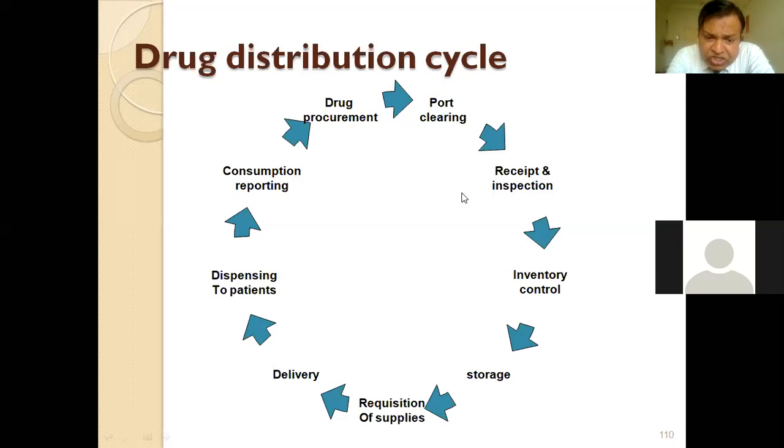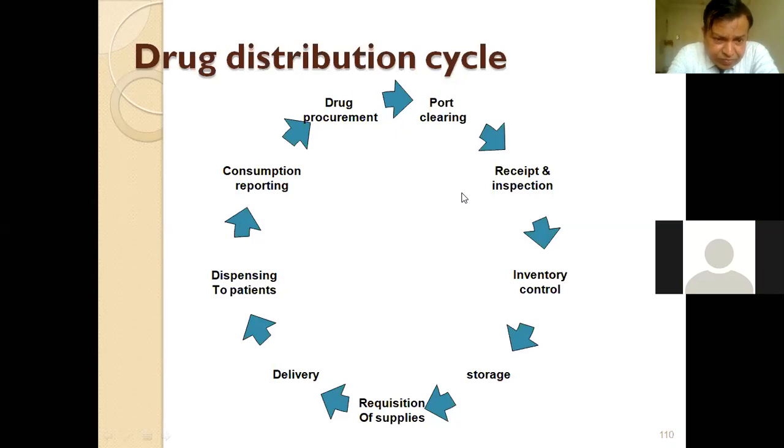then recognition of supplies, which department is asking for the medicine, whether nursing staff, pharmacy staff, hospital pharmacy, floor pharmacy, and delivery of the supplies to the particular department or particular pharmacy, and dispensing to the patient as per the prescription of the physician or as per the requirement of the patient.